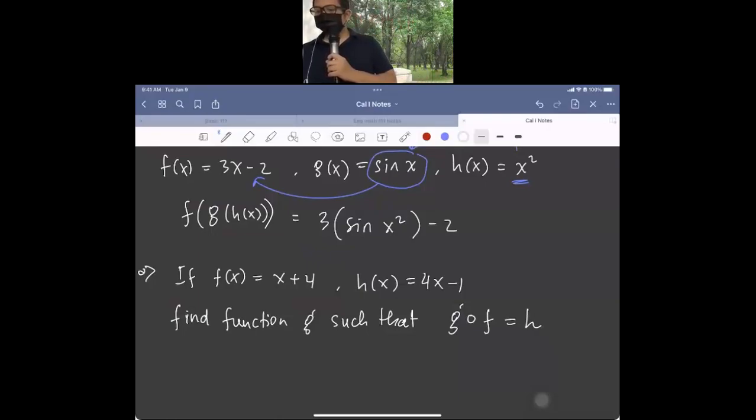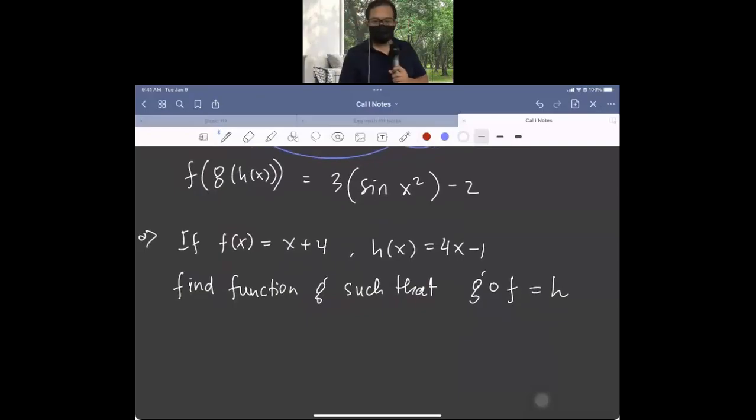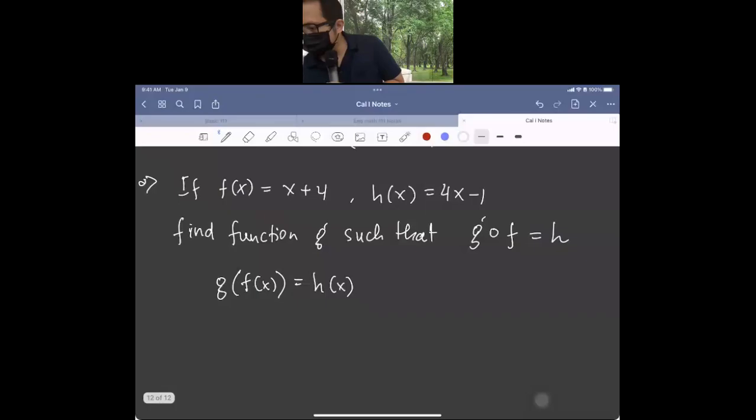Anyone find? 4x minus 17. Okay, good. Perhaps we can start from g of f, right? And this should be equal to 4x minus 1.